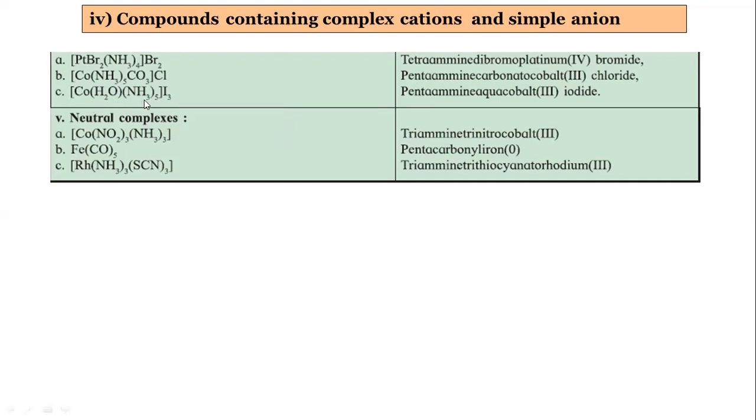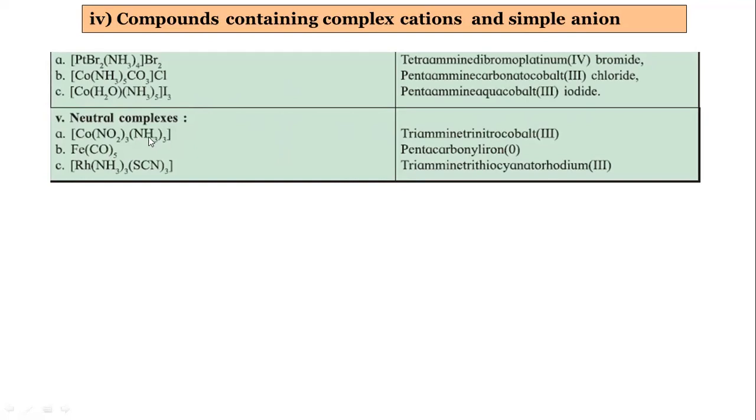Now I'm coming to neutral complexes. Before neutral complexes, I think you understand this is pentamine aqua cobalt 3 iodide. Now this is a neutral complex. Neutral complex means there is no charge on the complex, and also outside the square bracket there is no counter ion.